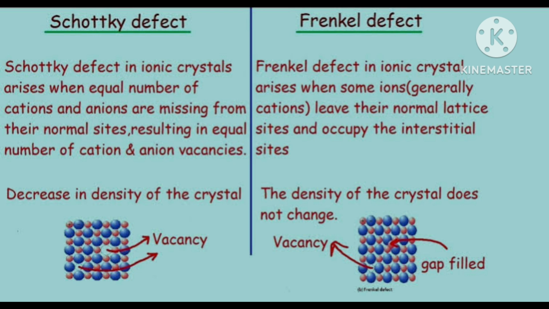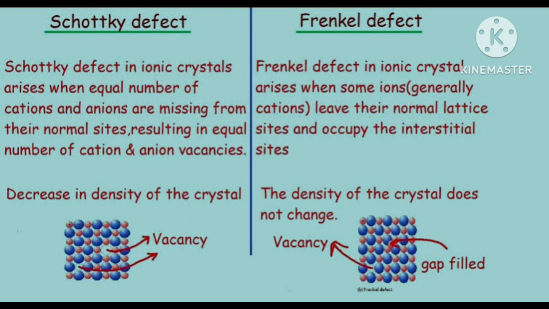This happens by loss of an electron by sodium atoms to form sodium ions. The released electron diffuses into the crystal and occupies anionic sites, the sites from where the chloride ion left.